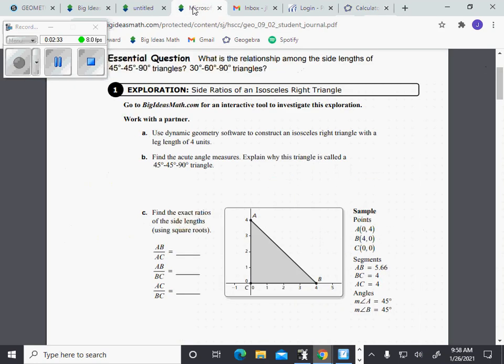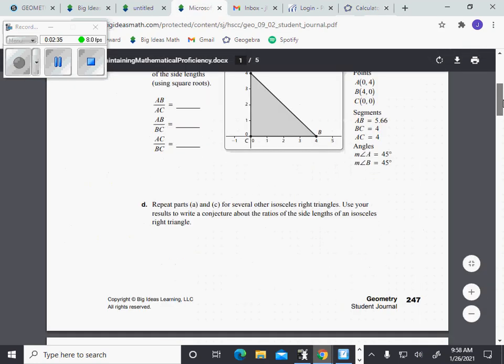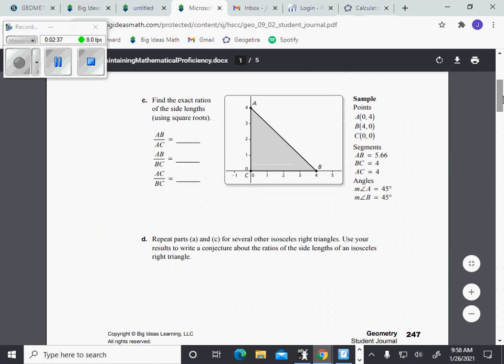So, if I go back here, and these distances are 4 and 4, I know that this angle is 45 degrees, I know that this angle is 45 degrees. And what do I know about this side? It is 4 times the square root of 2. And that's a 45, 45, 90 triangle.